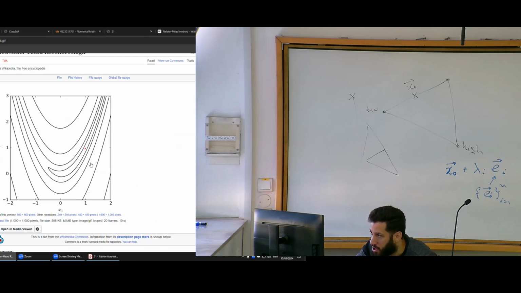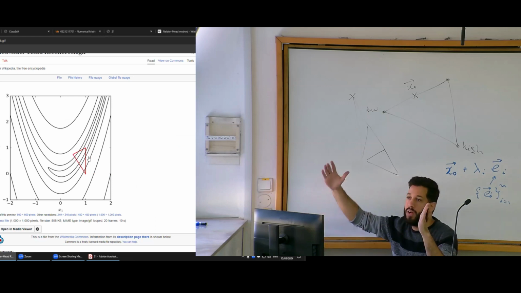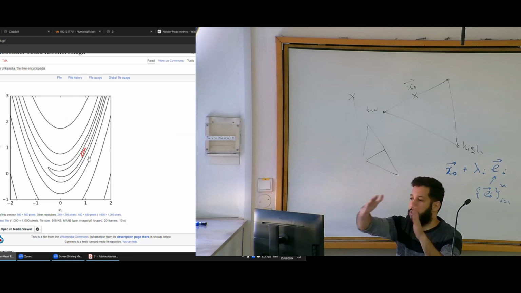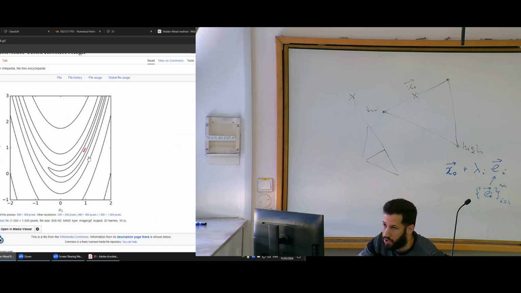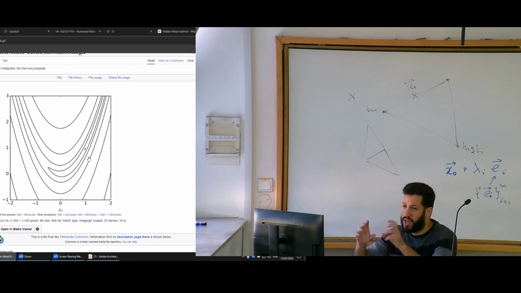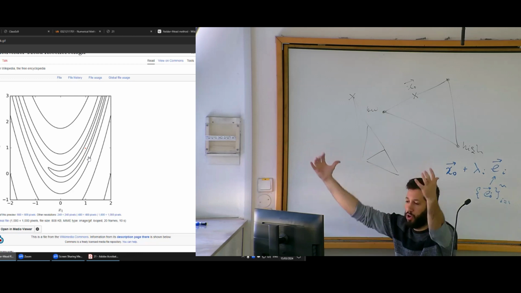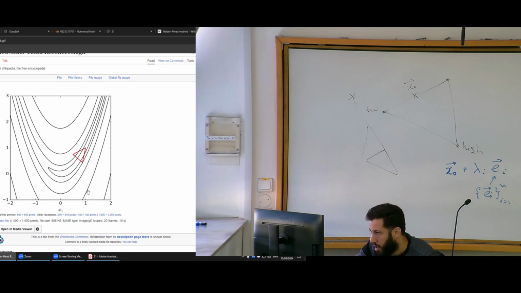You see also contractions. Contractions are taking one point closer to the others. It's like the expansion, but with a coefficient which is smaller than 1. That's the contraction, and the shrinking is taking all the points closer to some point.